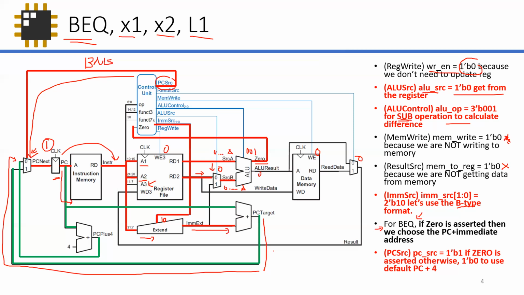Otherwise, if branch is not taken, because the 0 signal is not asserted, because source A and source B are not equal, then it has to use what? PC plus 4, right? So you have to set it to 0 if it's not taken, so that the next PC address will take this path over here.